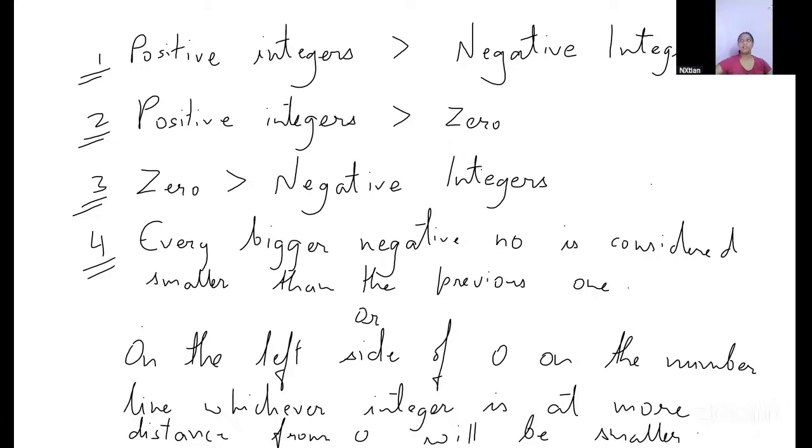Like -2 is smaller than 0. If you go further to -3, then -3 is much smaller than 0, and it is also smaller than -2. If you go further to -10, then -10 is much smaller than 0. It is smaller than -2, -3, -4, -5, -6, -7, -8, and -9. -10 is smaller than all of these, and smaller than all the positive numbers too. Understood the concept?